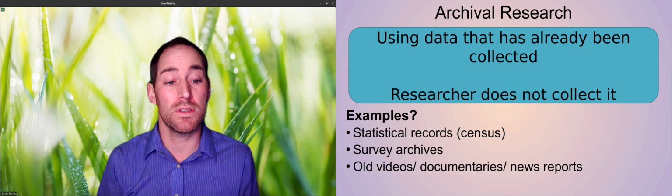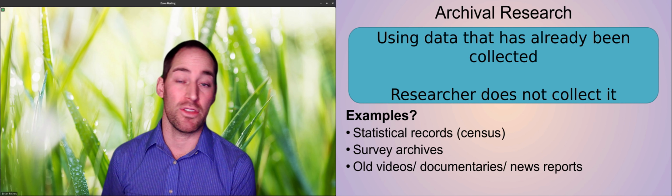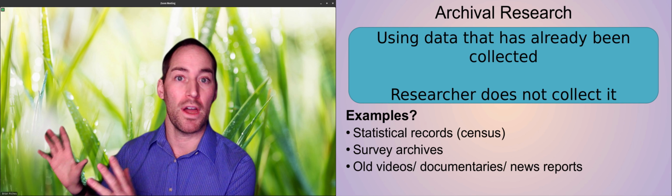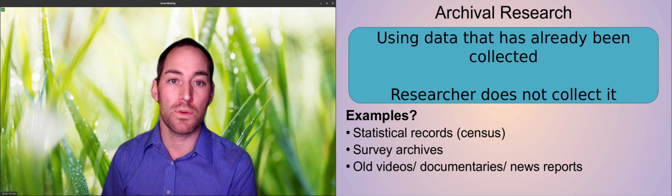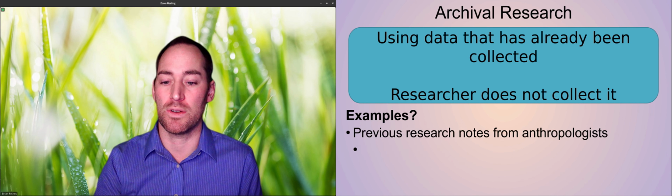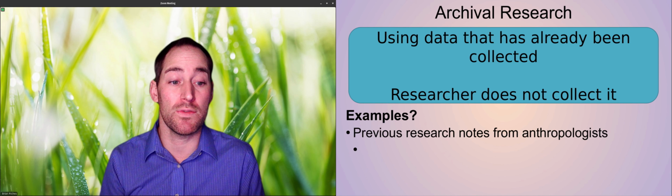Old videos, documentaries, news reports. Lots of studies in, say, anthropology, history, things like that use old documentaries, old videos, old news reports to see what is going on at this time in history. You could also use the research notes from an anthropologist.